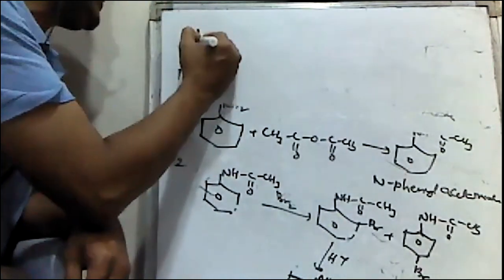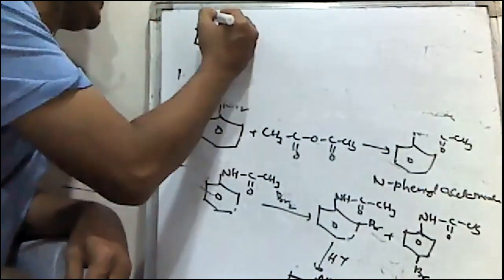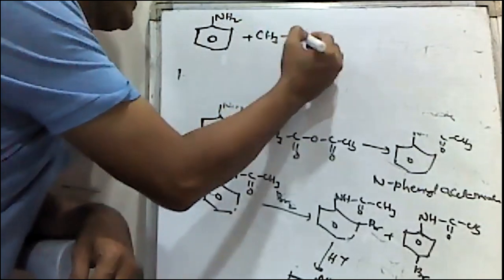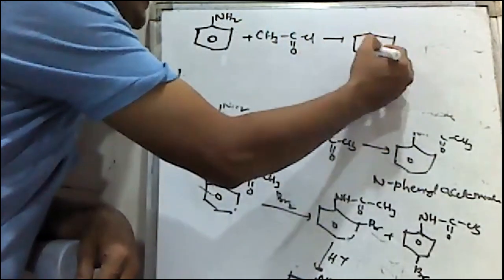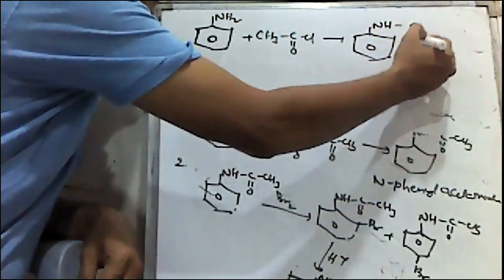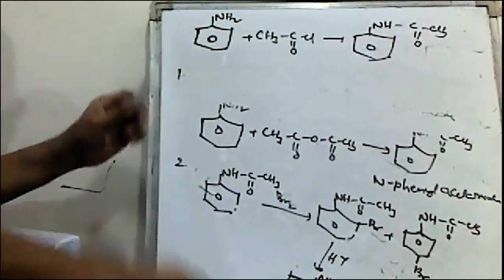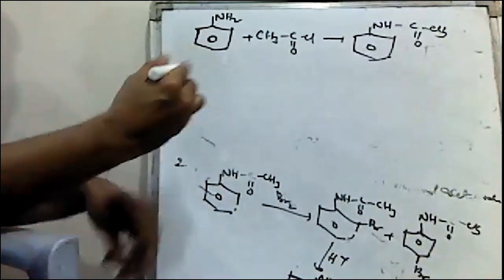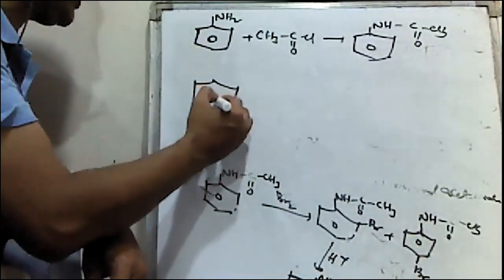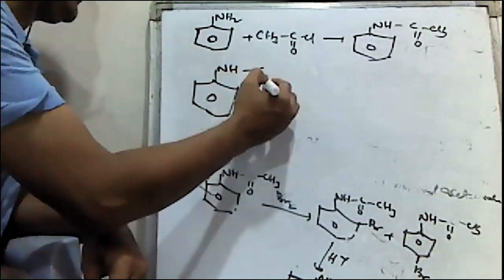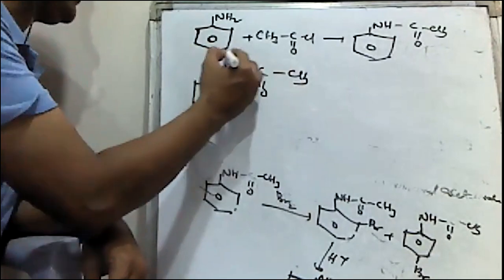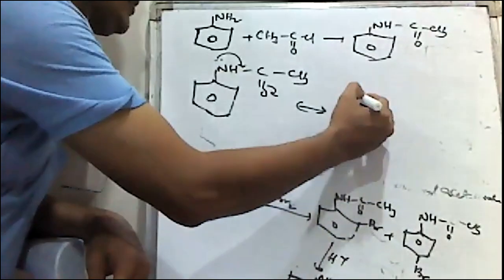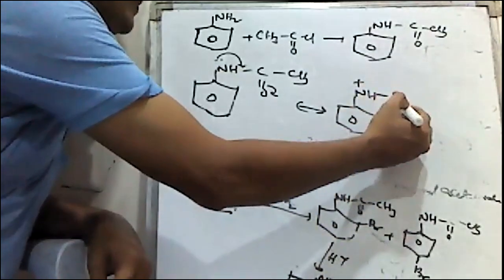So when aniline is treated with acetic anhydride or acetyl chloride, it forms its corresponding amide, the acetamide. In the N-phenylacetamide that is formed, the lone pair of electrons on nitrogen is in resonance with the carbonyl group present in the amide.